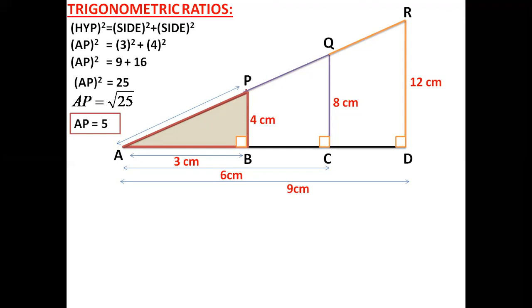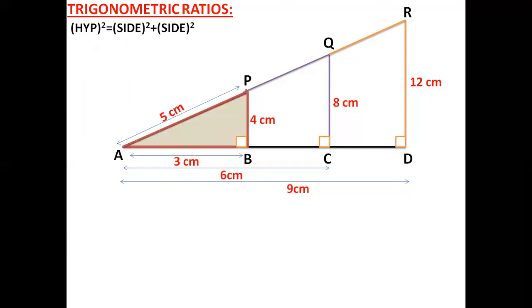Under root 25 is equal to 5. So here we get the value of AP is equal to 5. So you have to write here 5 centimeters. So for this right angle triangle ABP, we get the length of the hypotenuse as 5 centimeters.